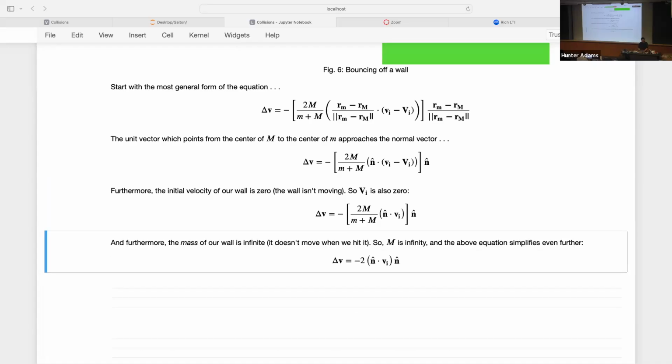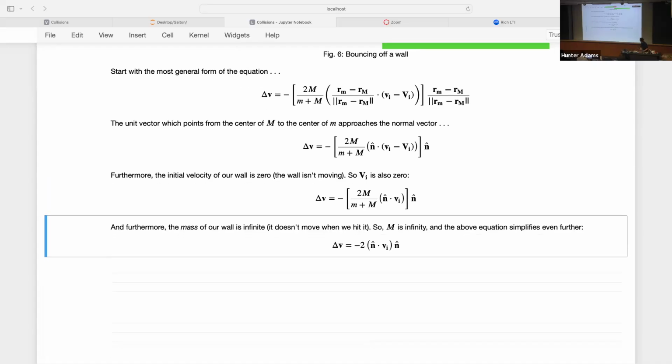And furthermore, the mass of our wall is infinite. So for this term, we take the limit as big M approaches infinity, which is just 2. And so you end up with the following simplified version of that most general equation for the situation where you don't have two balls glancing off one another. One of the balls is a wall.